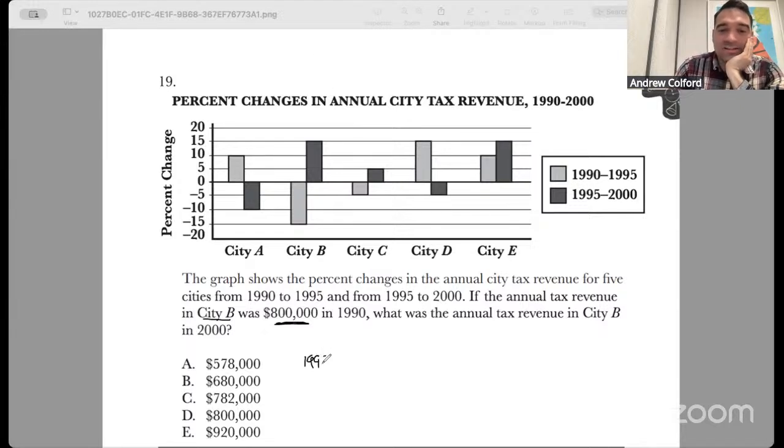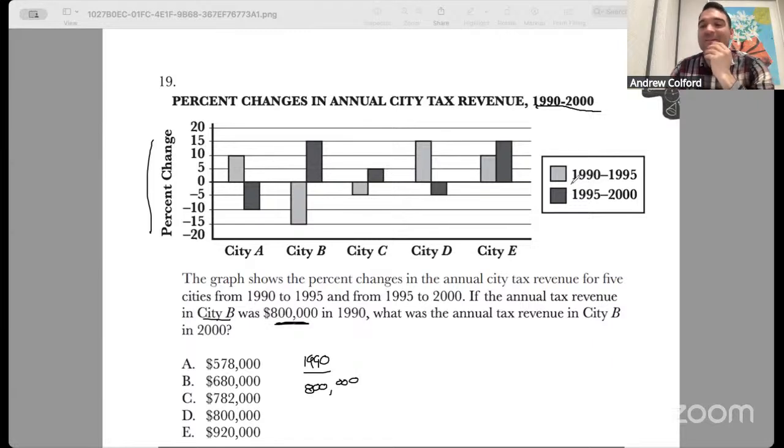In the year 1990, the revenue was $800,000. What this graph represents is the percent change between these 5-year periods. So if I look at city B, this tells me that from 1990 to 1995, they lost 15% of their revenue.